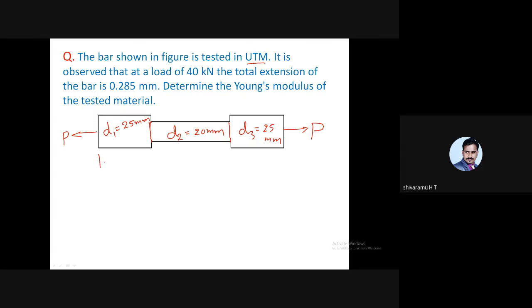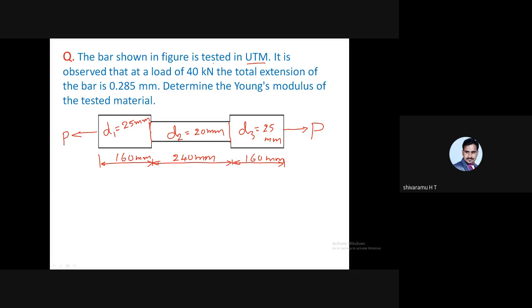The length of portion 1 is 160 millimeter, the length of portion 2 is 240 millimeter, and the length of section 3 is 160 millimeter. These are given in the question.